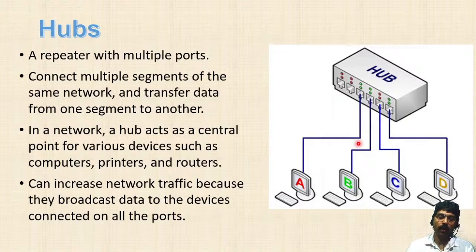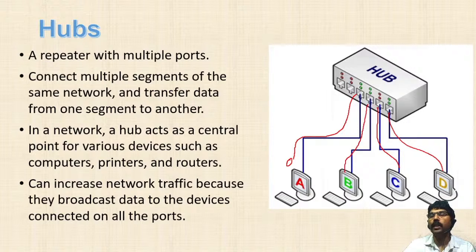For example, if computer A wants to transmit some data to computer C, it transmits the data to the port here, and the hub broadcasts this data to all the other devices. It will send it to B, it will send it to C, it will send it to D.